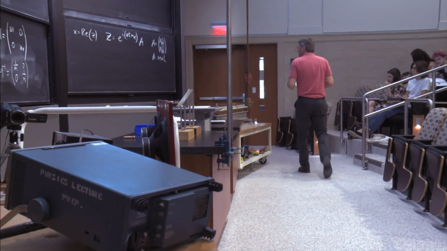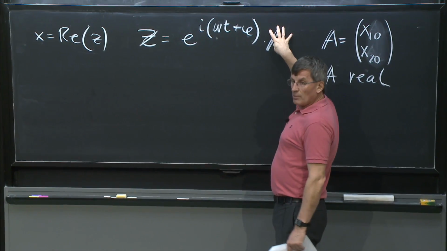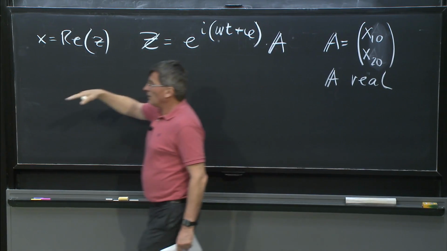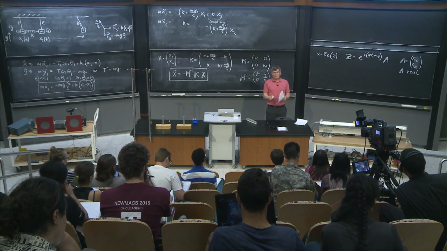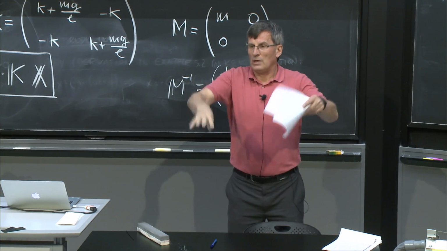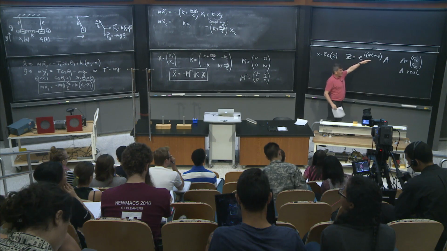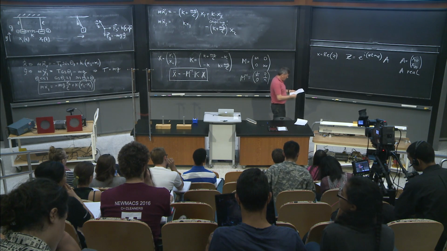So the solution written here is two numbers times an oscillatory term, where both x1 and x2 oscillate with the same frequency, and this is our postulated solution. So we plug it into the equation, and we adjust things until it fits. So let's plug this into our matrix calculation.